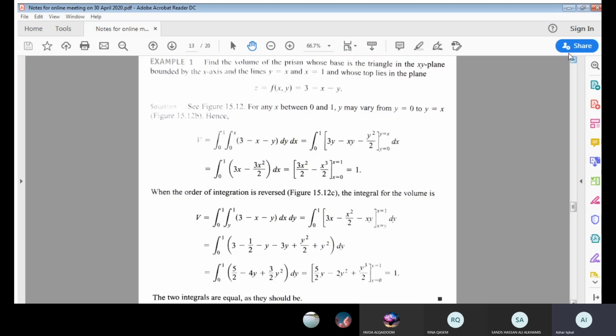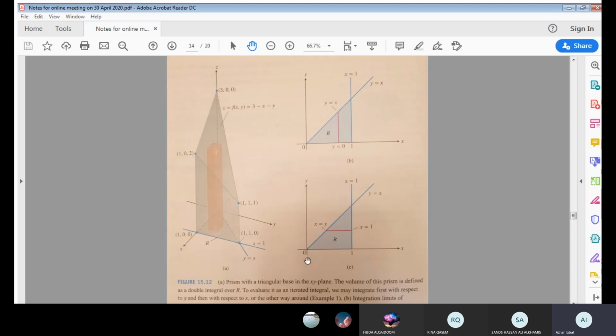So here in the previous one, this is our function, and here is integration with respect to x. So this is the alternative way. Let's look at it here. This way, you have this vertical line running from this reddish line, where x is equal to y, to x is equal to 1.